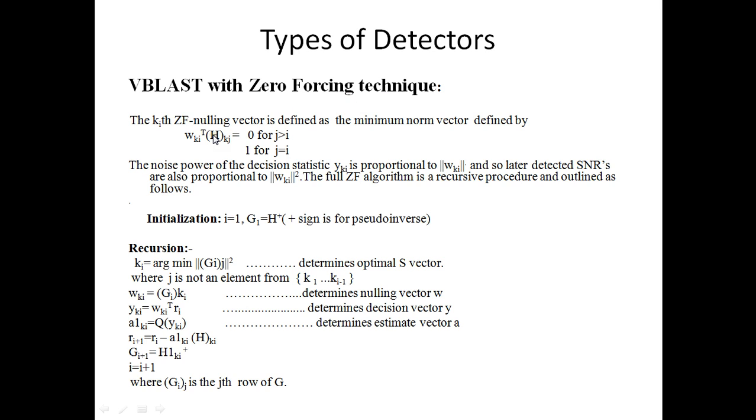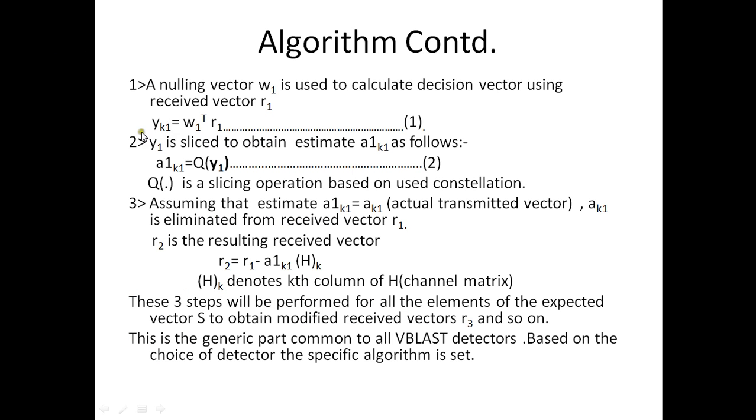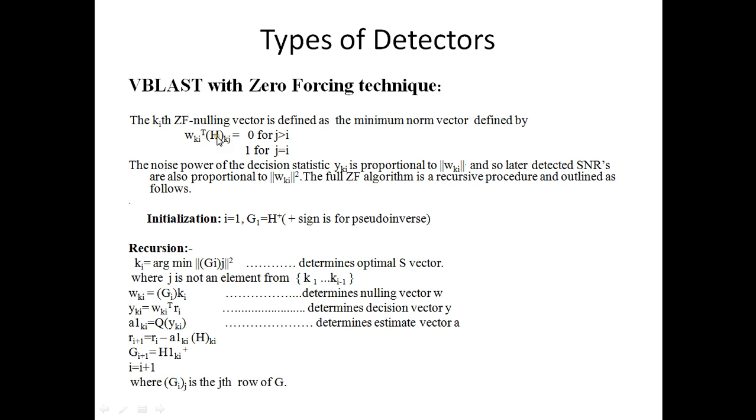Now in zero forcing, the nulling vector is defined as the minimum norm vector defined by w_ki transpose h_kj is 0 for j greater than i and 1 for j equals i. As we recall, the decision parameter is detected from a nulling vector, and this nulling vector is obtained based on the type of detector you use.